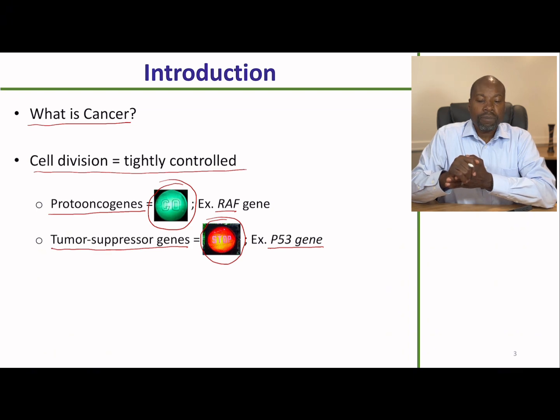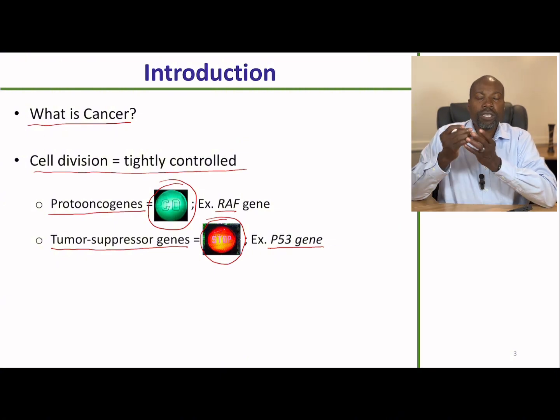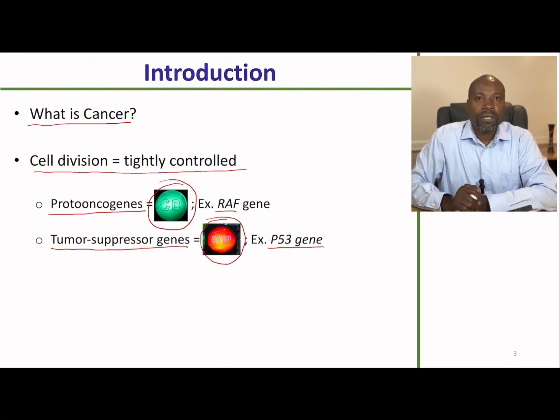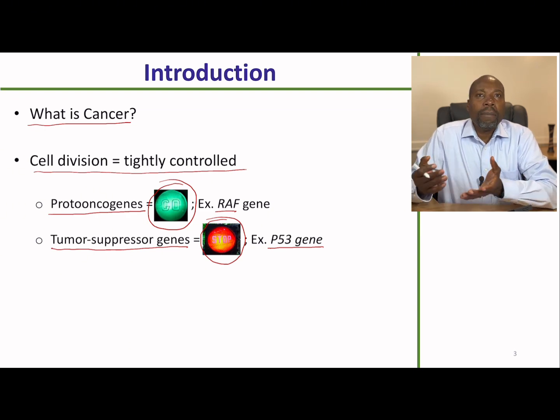Here is the thing. When you hit the gas pedal, if you never lift your foot off of the gas pedal, what is going to happen? Well, your car will never stop, right? Which is a problem, and that can lead to a crash.